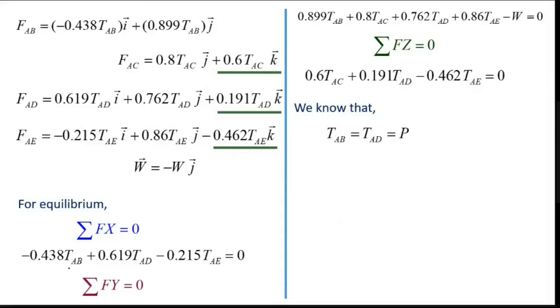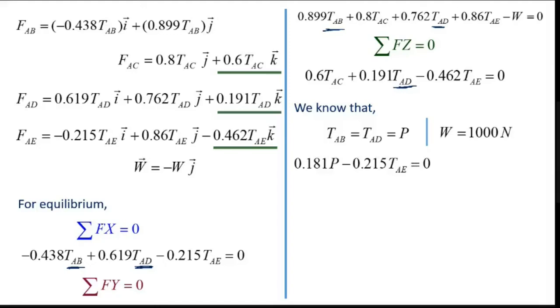You can see it is available here and here, and you have only this one, which is P. These are the terms which will be converted to P. And of course W is also given. W is 1000 Newton. You can also substitute that.